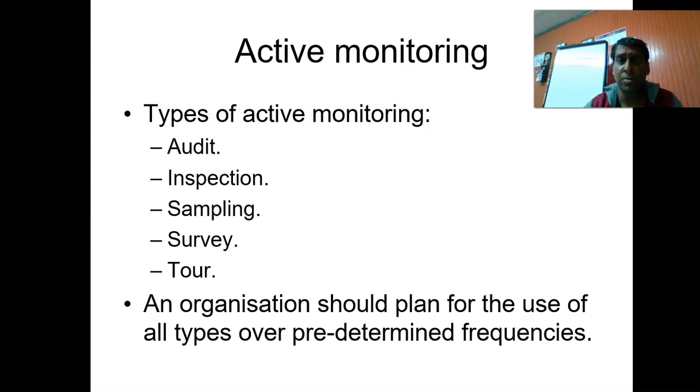What is an audit? The systematic way of looking at the strengths and weaknesses of the organization's management system. You do have some questions on this in chapter 6 of your textbook, right?